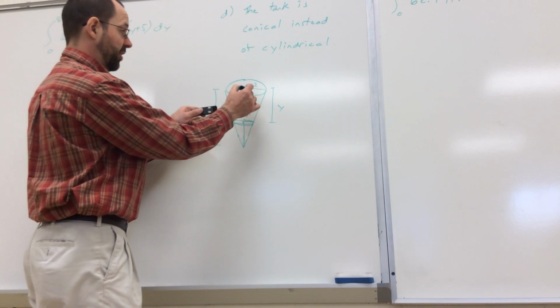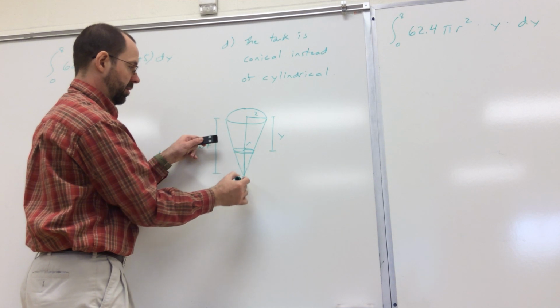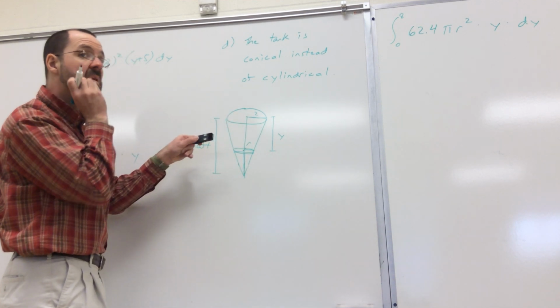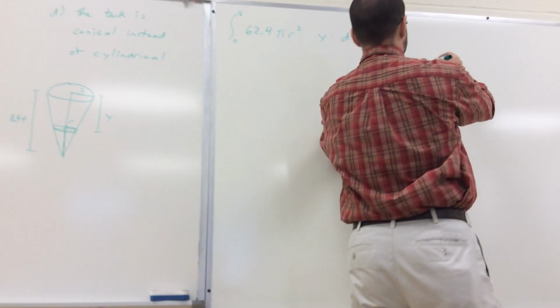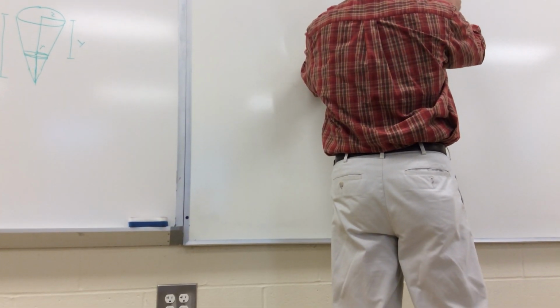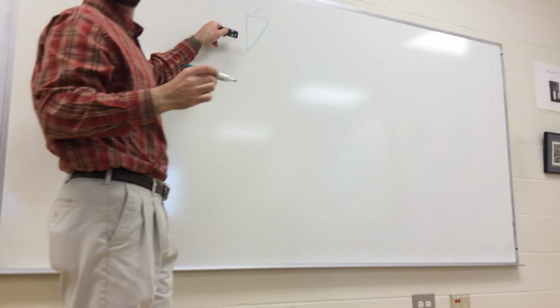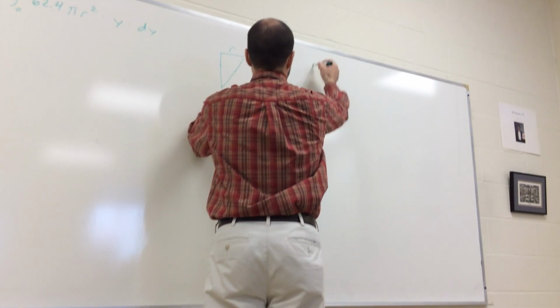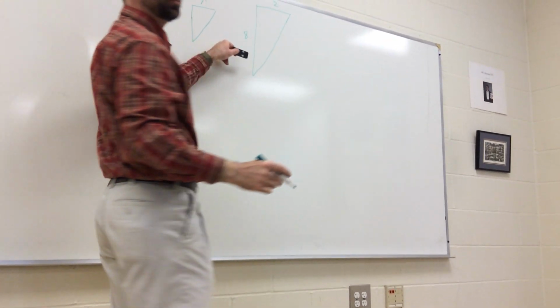And then there's another triangle in here that's 2 this way and 8 this way. So I'm going to draw those two triangles. So there's the smaller triangle that has a radius of r. And there's the larger triangle that has a radius of 2 and a height of 8.